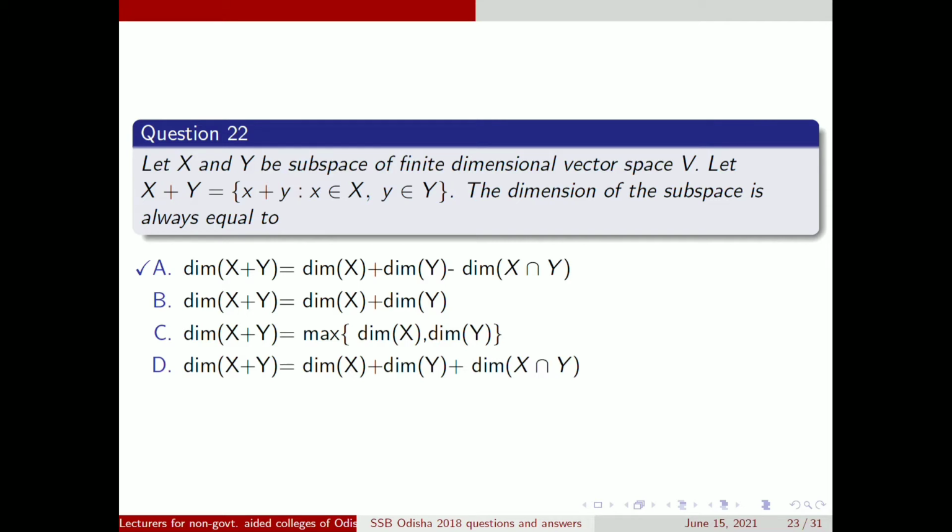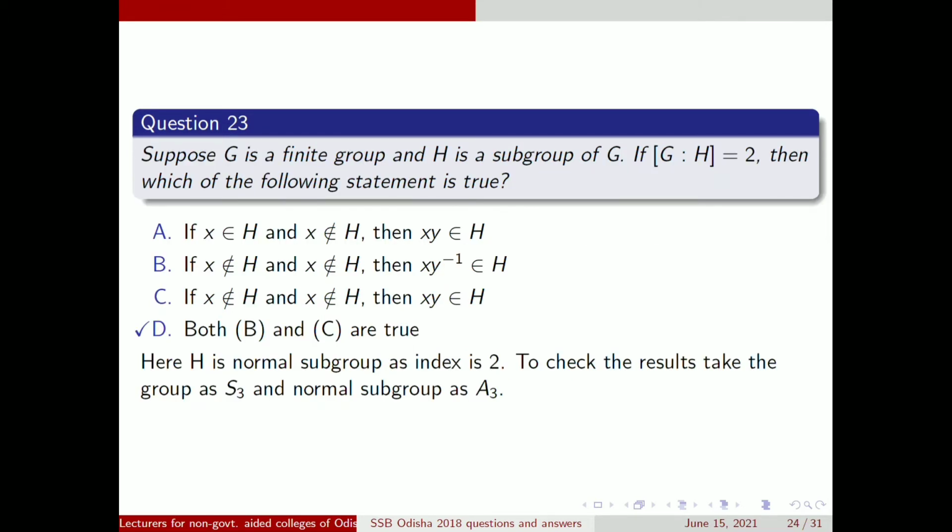Now question 23. Here G is a finite group and H is a subgroup of G, and given that the index of H in G is 2, then which of the following statements is true? Here the index of H is 2, that means the subgroup H is a normal subgroup.